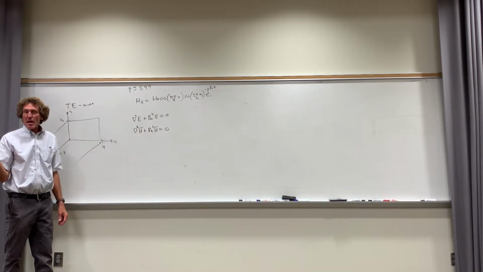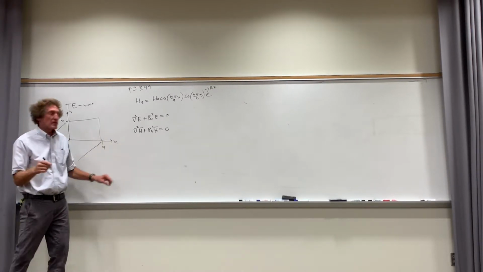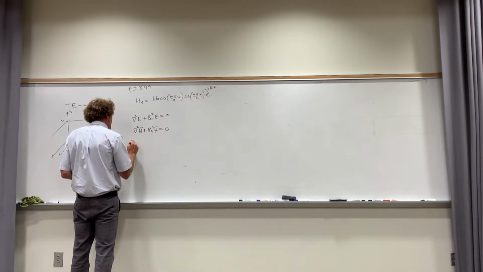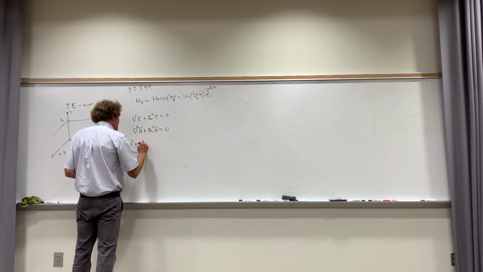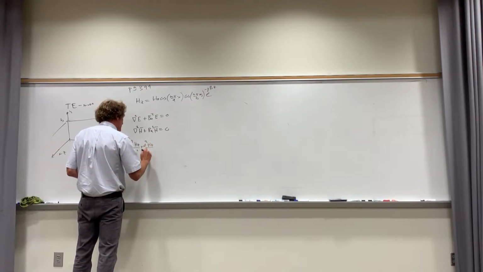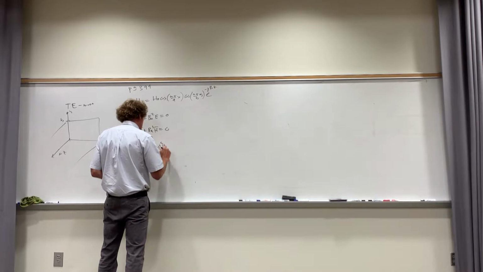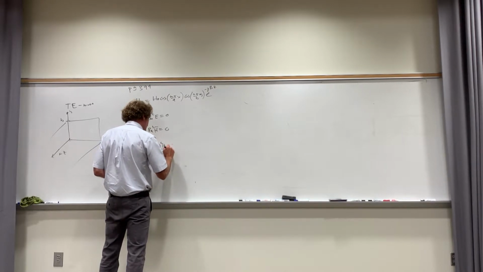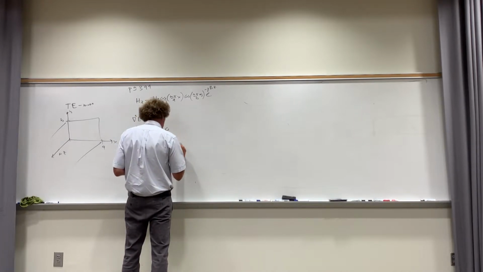Yeah. All right, now this del squared right here, we're in rectangular coordinates, so it becomes the second derivative of Hz with respect to x squared plus second derivative of Hz with respect to y squared plus second derivative of Hz with respect to z squared plus beta unguided squared times Hz equals 0.